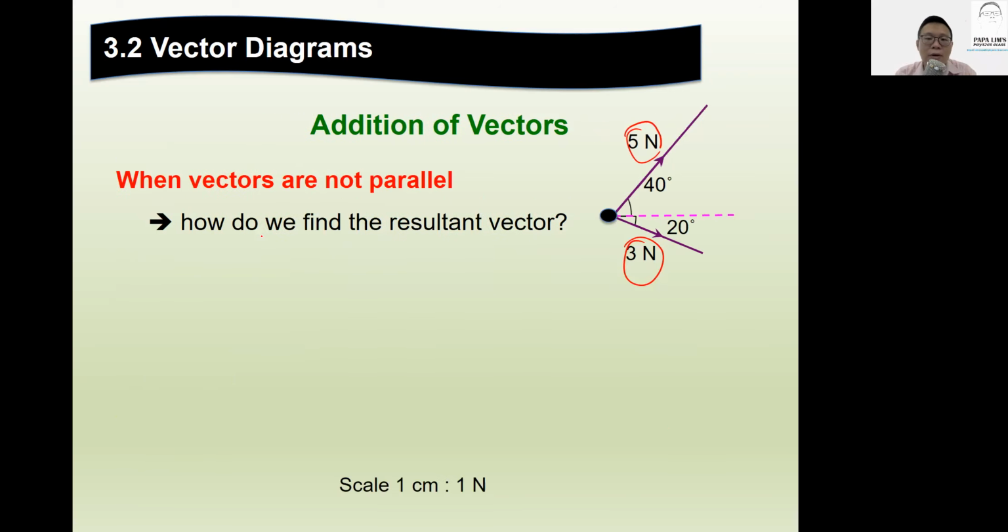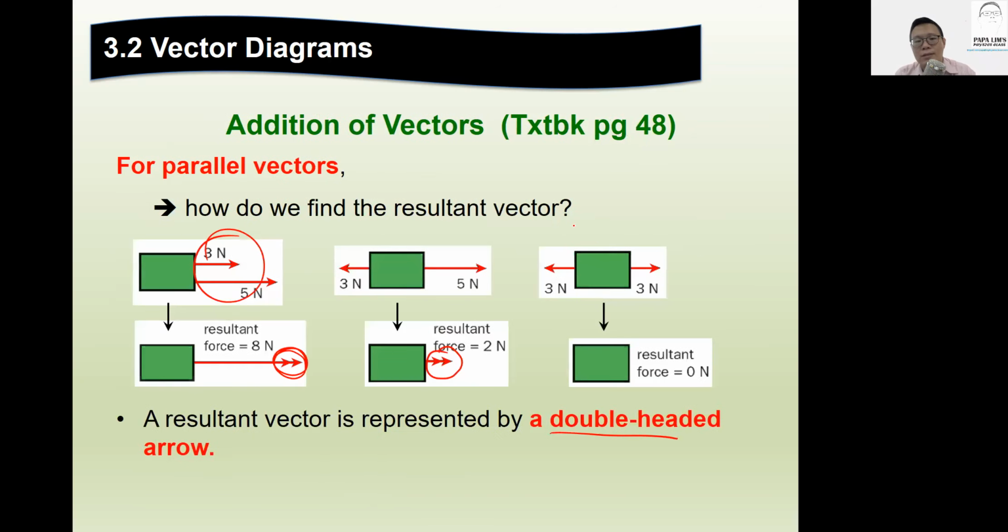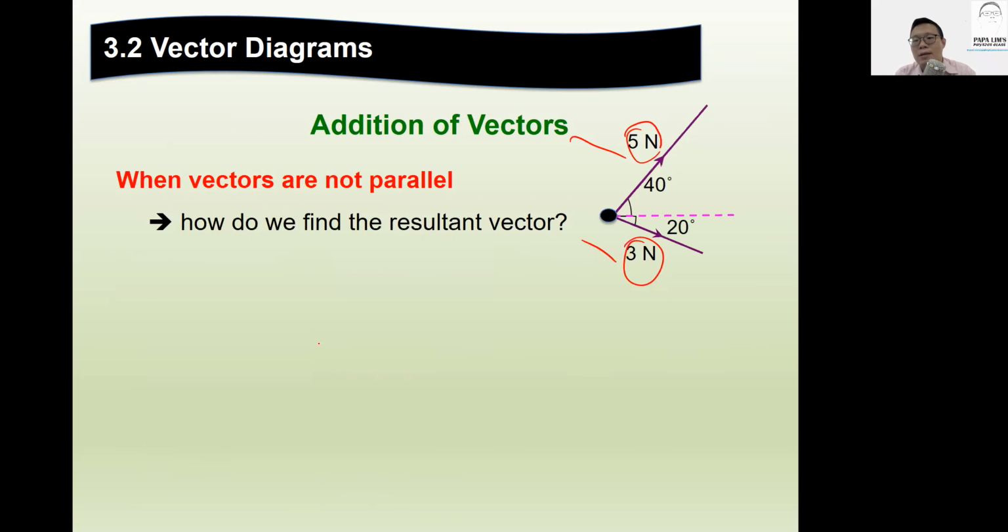Sometimes you end up with vector addition. If I add 5 Newton and 3 Newton at an angle, the resultant force could be much lesser than 8 Newton, as compared to when they are on the same axis.